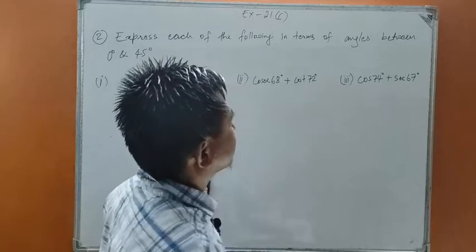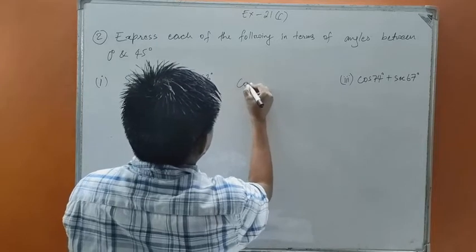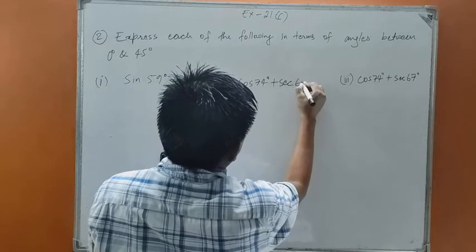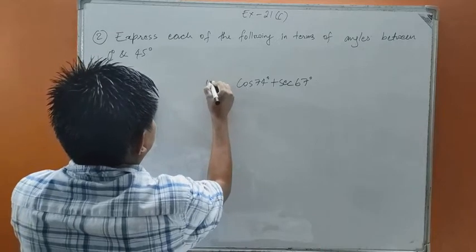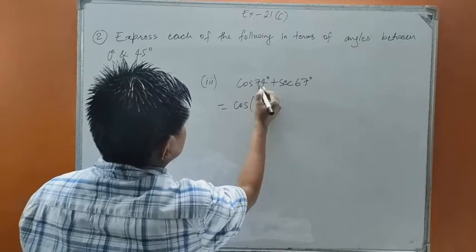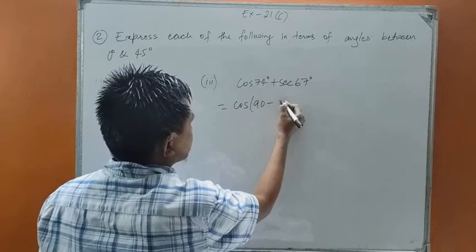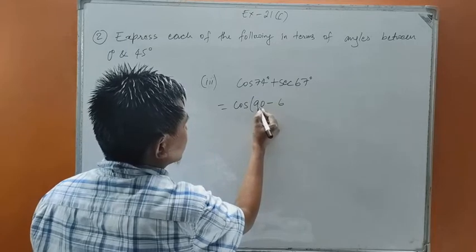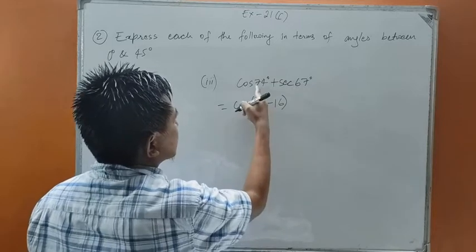In question number 3 we have cos 74 degrees plus sec 67 degrees. Let me copy this question here. This can be written as cos 74, which means 90 minus something. 10 minus 6 gives us 4, so this becomes 8, and 8 minus 1 is 7.